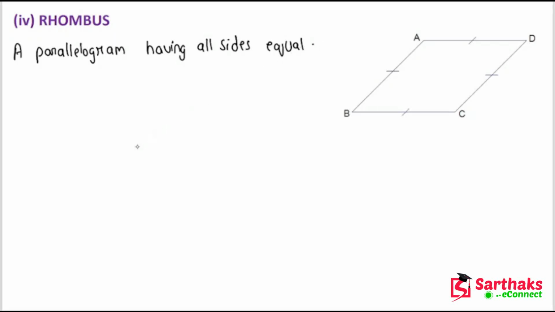Or you can say a parallelogram having all sides equal is called a rhombus, right? So it is the parallelogram, and the only difference is all of the sides are equal.